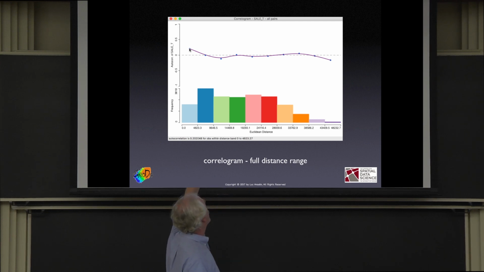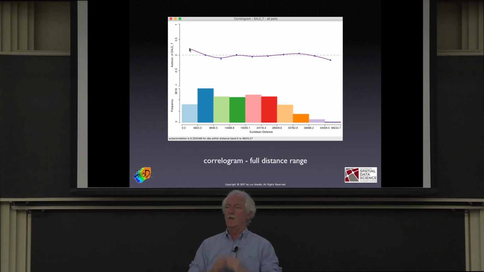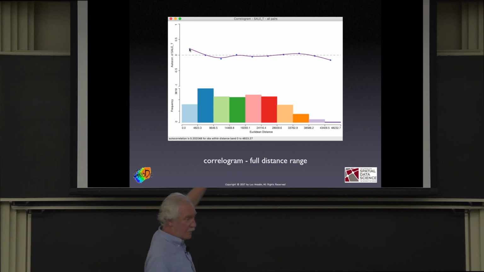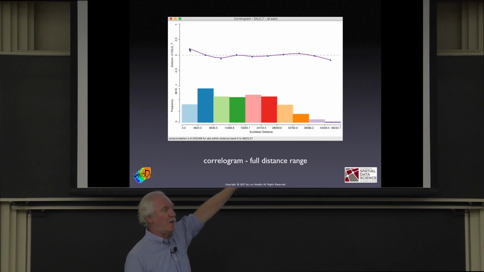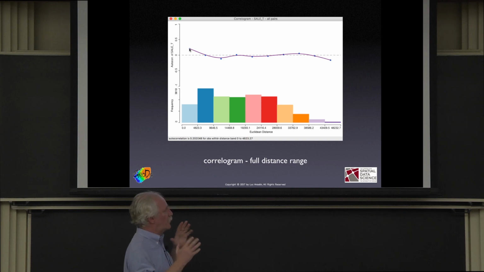So every one of these little blue dots is the average of the spatial correlations of all the pairs in the distance bin that corresponds to it. And one of the things to notice is that this is not a simple distance decay. In fact, it goes down and it comes back. Now, why would that be the case? Well, two reasons.